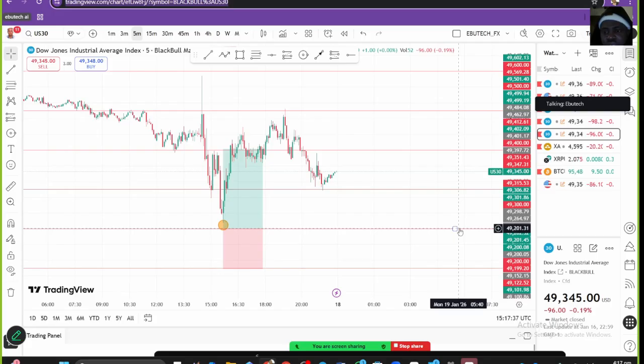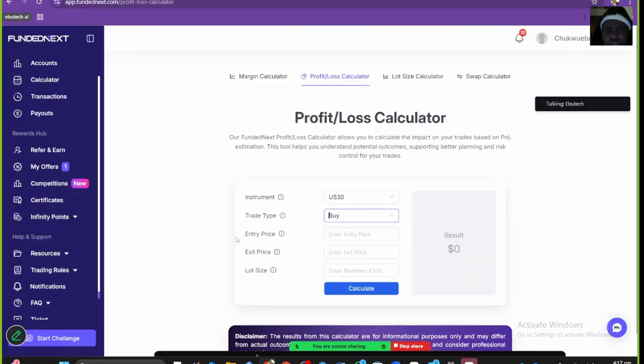Are you guys following? We want to enter this market at 49,200. So now, we come here, entry price. We write 49,200, right? 49,200.